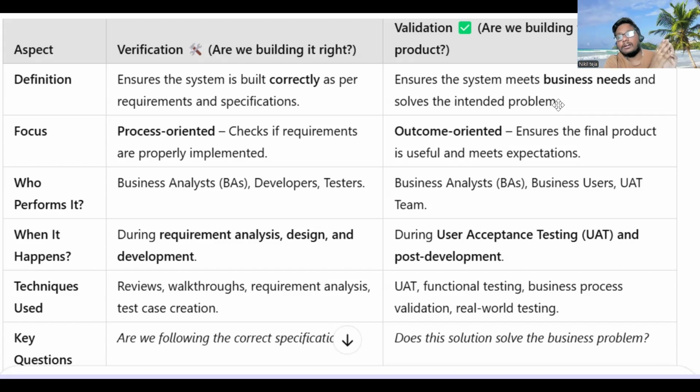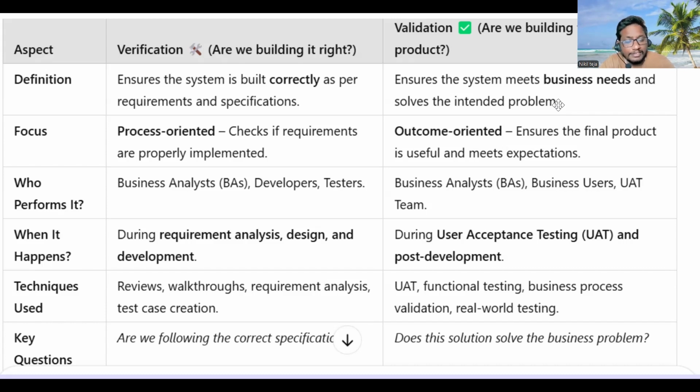But developers and testers will be verifying the requirements in the development phase. Techniques used for verification: reviews, walkthroughs, requirement analysis, test case scenarios. As simple as that. The techniques used for validation are UAT testing, functional testing, business testing, and so on.